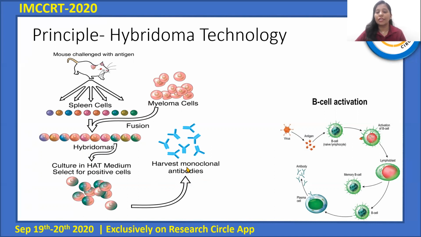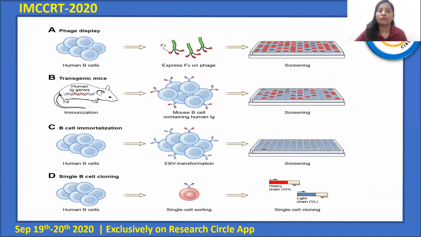These hybridomas are very peculiar, as they produce monoclonal antibodies of the same antigen specificity due to the B cell component, and multiply indefinitely to produce clones of identical cells due to the immortal cell component. Now this harvested monoclonal is further infused into animals, and then further multiplication will take place. There are different methods with which monoclonal antibodies are produced, like phage display, transgenic mouse, B cell immortalization, and single B cell cloning.